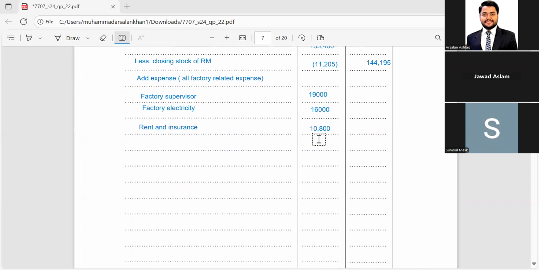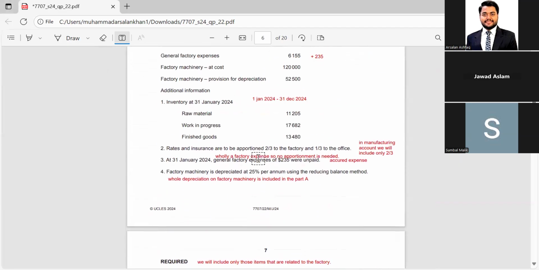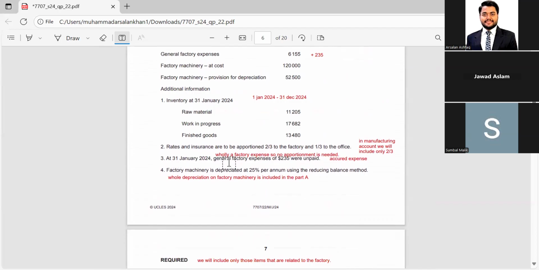Okay. Then the fourth expense which pertains to the factory is general factory expense. Okay. General factory expense is also given in the trial balance. In general factory expense, remember there is one adjustment. They told us that at the year end, general factory expense of 235 was unpaid.